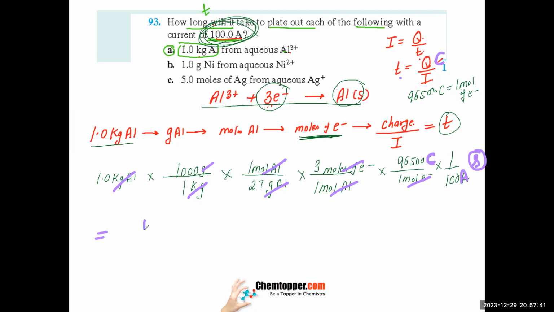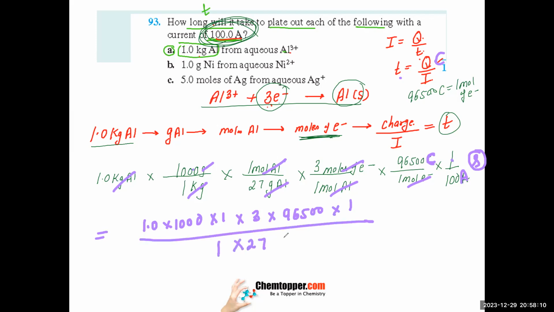Now just put all the numbers together. 1.0 times 1000 times 1 times 3 times 96,500. Then again this 1 divided by 1 times 27. I'm even including 1 just to tell you to pick up every number so that you do not miss out any number. Then these numbers should be in parentheses.